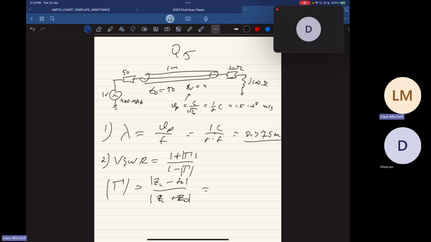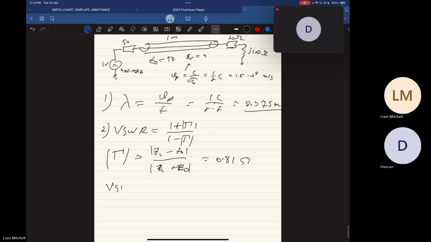So we can find gamma as 0.8153. That's the amplitude of gamma, the absolute value. And then our VSWR is 1 plus that over 1 minus that, and we get 9.83. VSWR is a ratio, it's unitless. And gamma is also unitless.